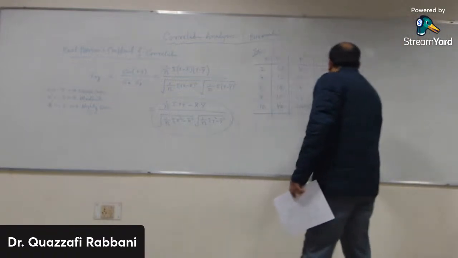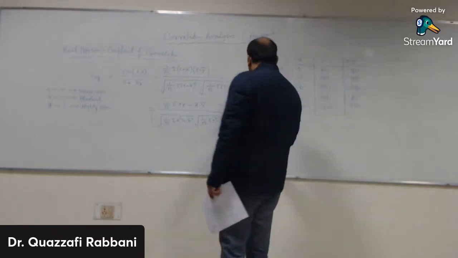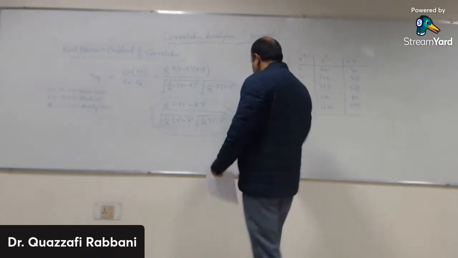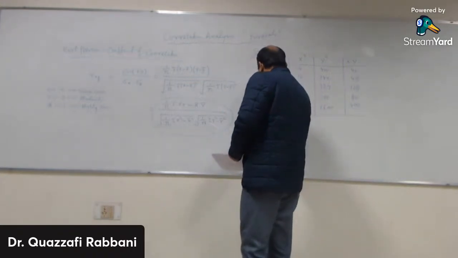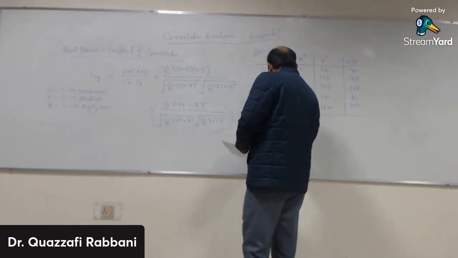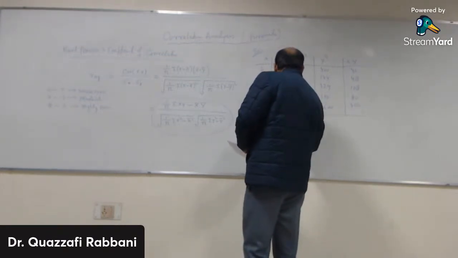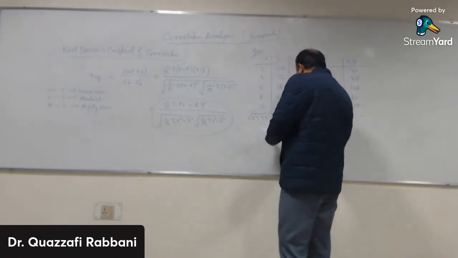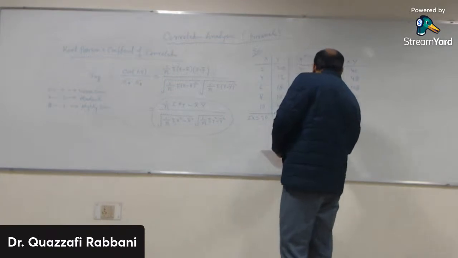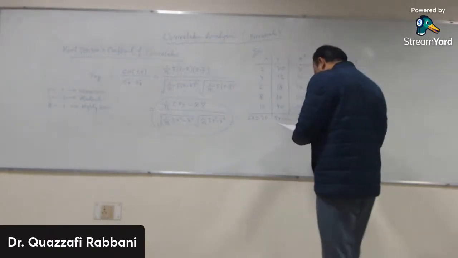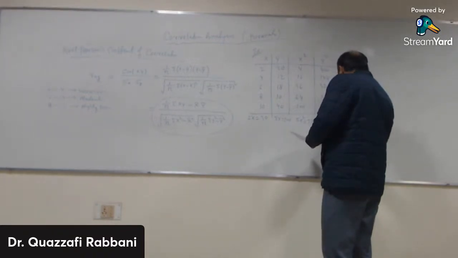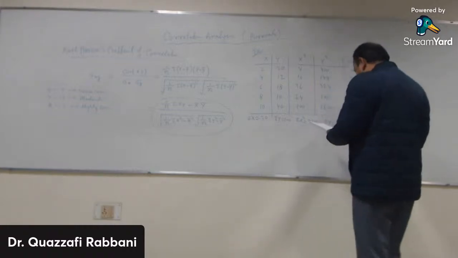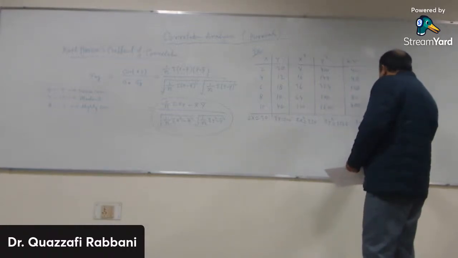Now the summation of x is equal to 30, and summation y is equal to 100. Summation x square is 220, summation y square is 2568, and summation xy is 678.